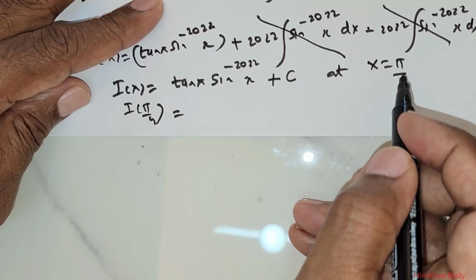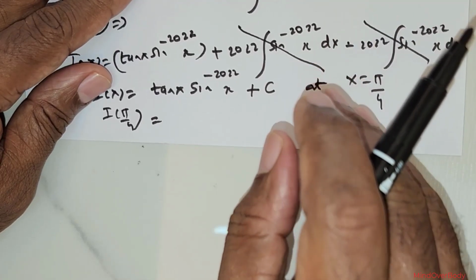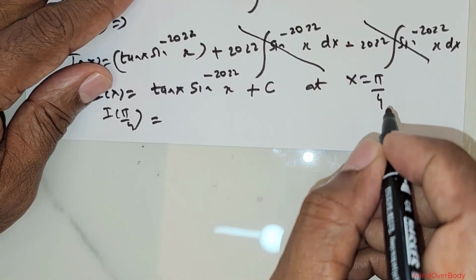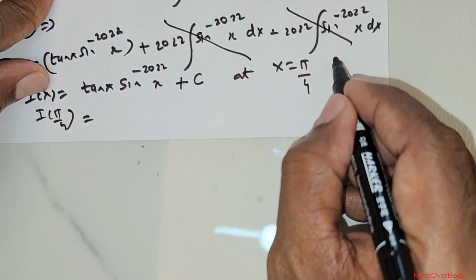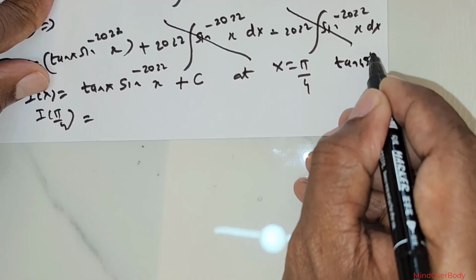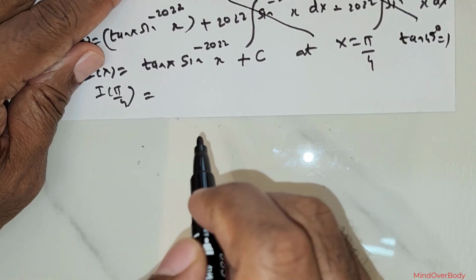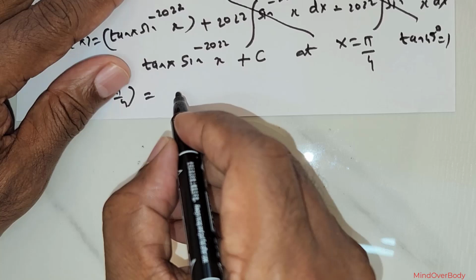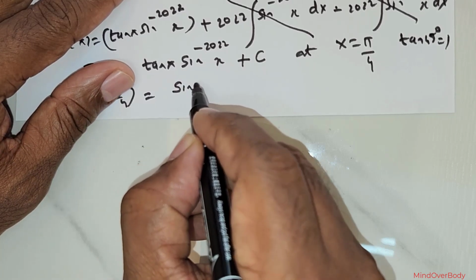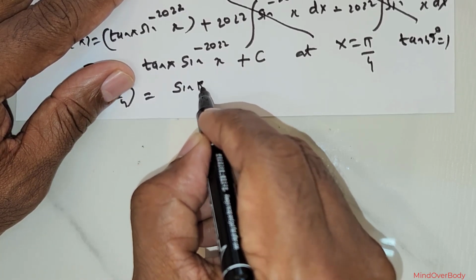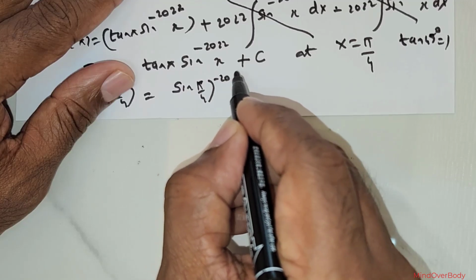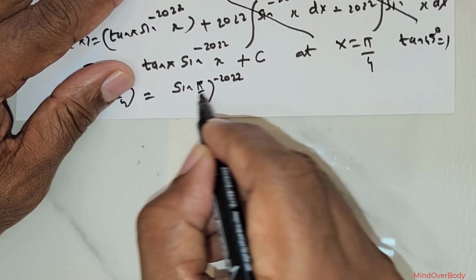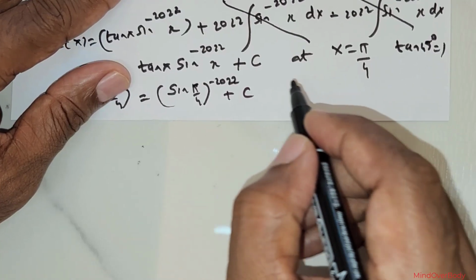Pi over 4 is nothing but 45 degrees, and tan 45 is 1, so this is going to be 1 here. Now I'm going to rewrite this as sine of pi over 4 raised to the power of negative 2022, plus the arbitrary constant c.